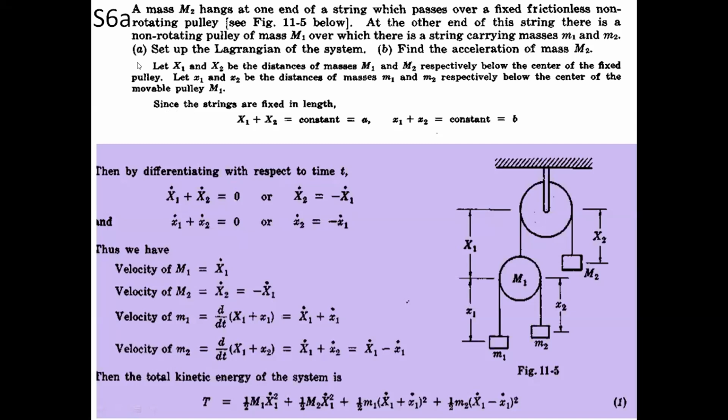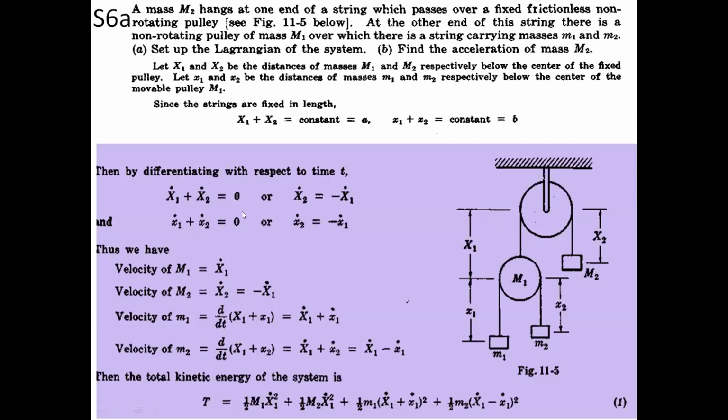Referring to the diagram, one can see capital X1 plus capital X2 equals some constant A, and small x1 plus small x2 equals another constant B. I have assumed the radii of the pulley to be much smaller compared to X1, X2 and x1, x2. So these are our two generalized coordinates.